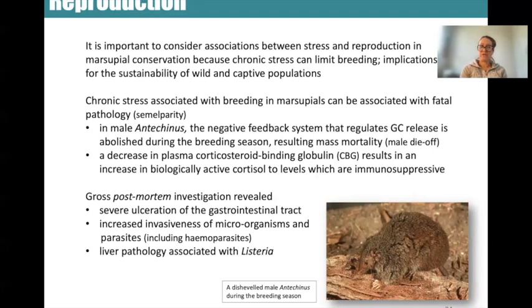There's an increased invasiveness of microorganisms and parasites, and also liver pathology has been associated with listeria. So this decrease in CBG results in immunosuppression, and then males succumb to disease and parasites and eventually die.